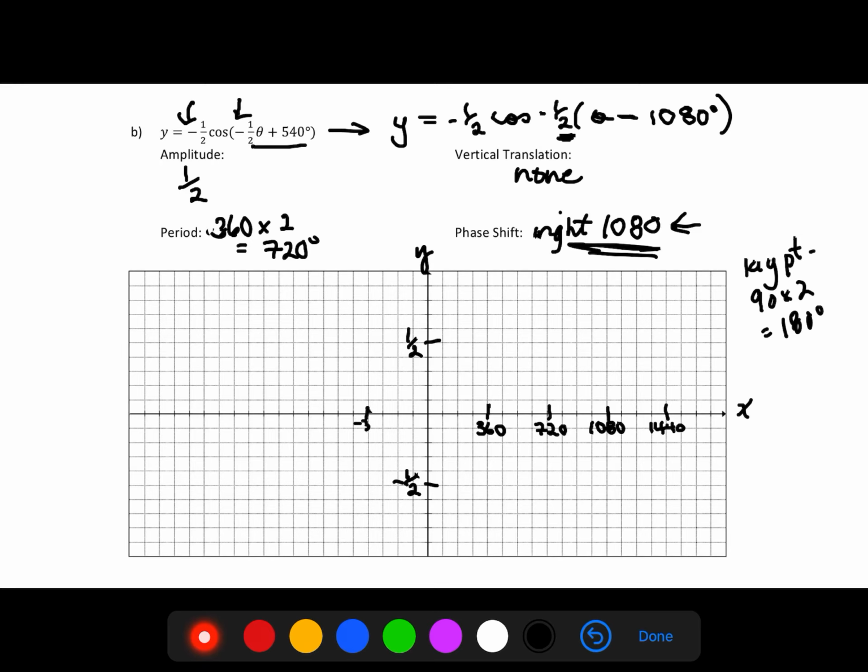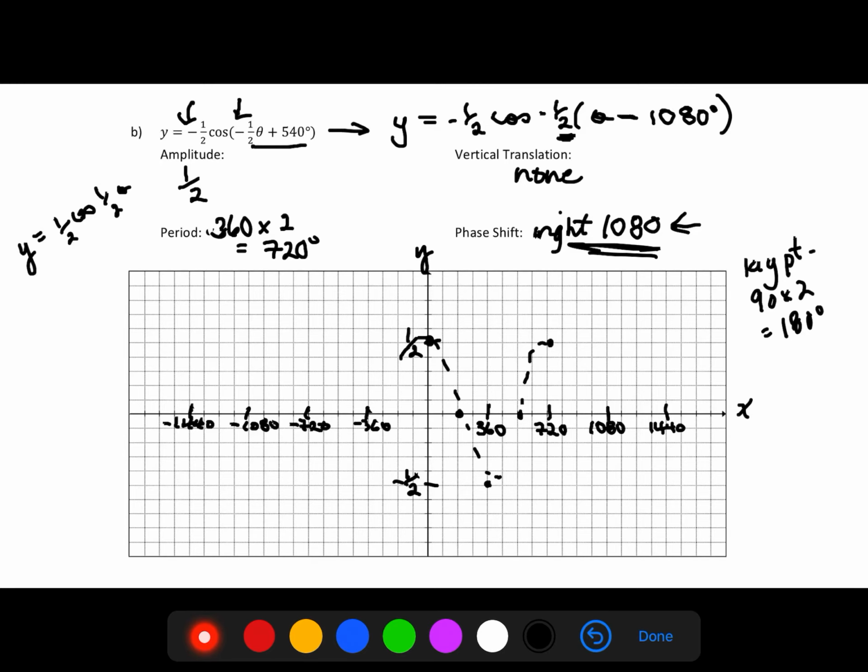And another 360 gives us our 1080. 360 gives us our 1440. And we're going to start by graphing y equals 1/2 cos 1/2 theta. Then we'll worry about the reflections.